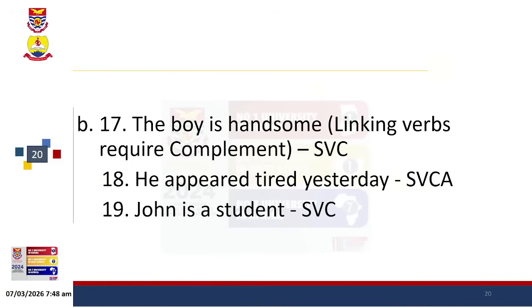So a link verb links the subject to a description. They are lawyers, they are crazy, they are serious, they are interesting, they are holy, they are handsome. We are describing the subject. Then you need a link verb to do this. Any other verb that you use that is not a link verb or sometimes a copular verb will not give you an SVC.